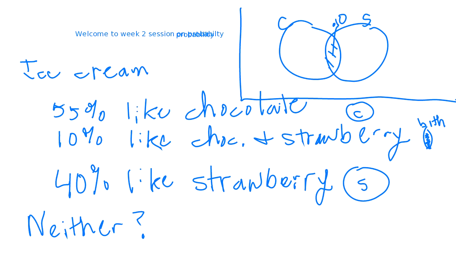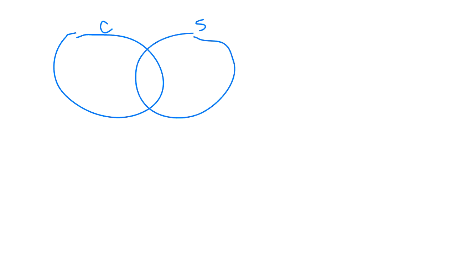Okay, I'm going to go on to another screen. So let me draw this picture again. I have chocolate, the whole circle's chocolate, the whole circle's strawberry, and this little sliver is chocolate and strawberry. So the percent that like chocolate, this whole circle, is 55.